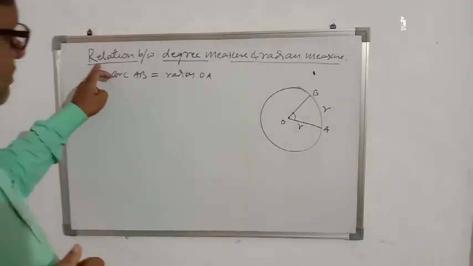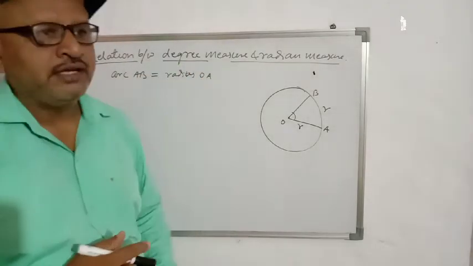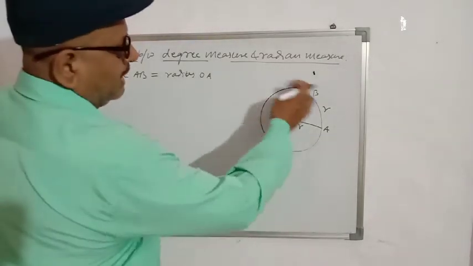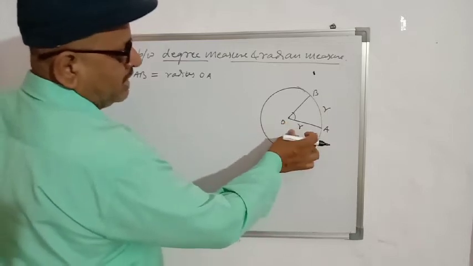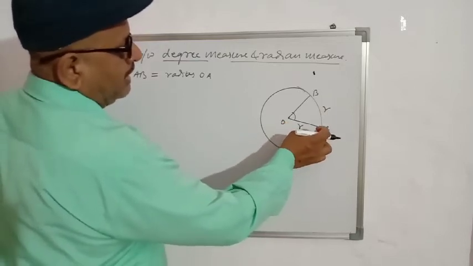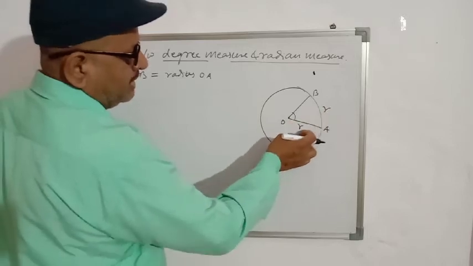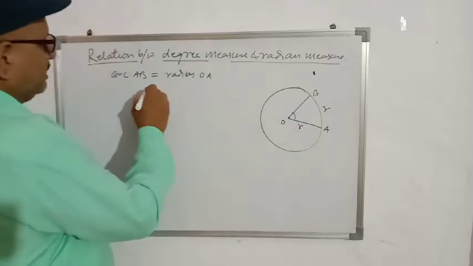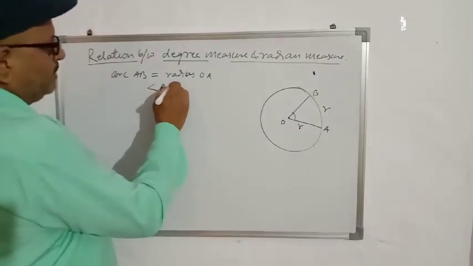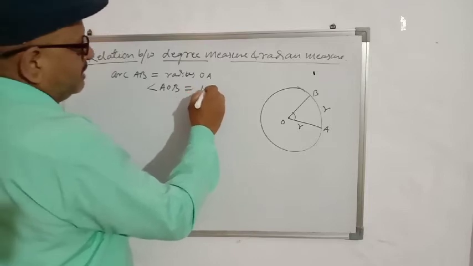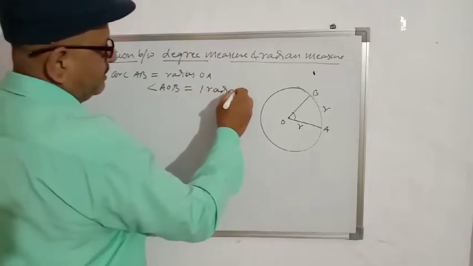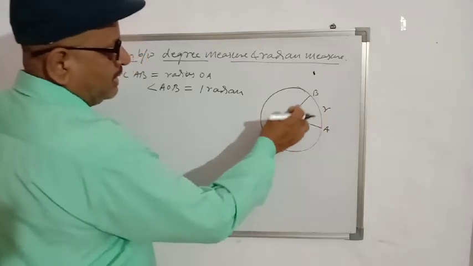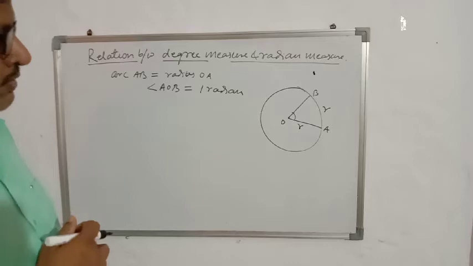I have taken a circle with center O. Take an arc whose length is equal to the radius. Then what will be angle AOB? AOB is equal to 1 radian by definition. Arc length and radius both are equal, so angle AOB will be equal to 1 radian.